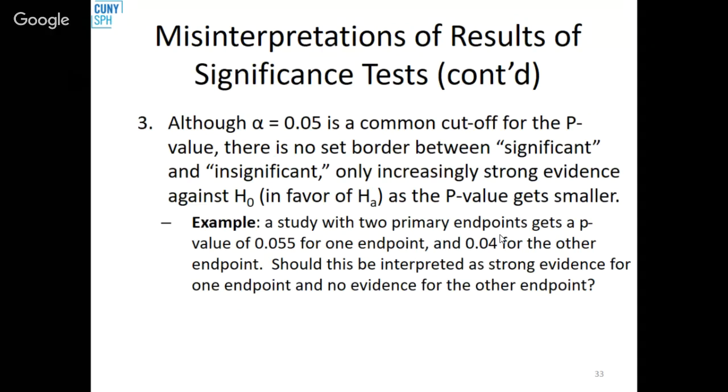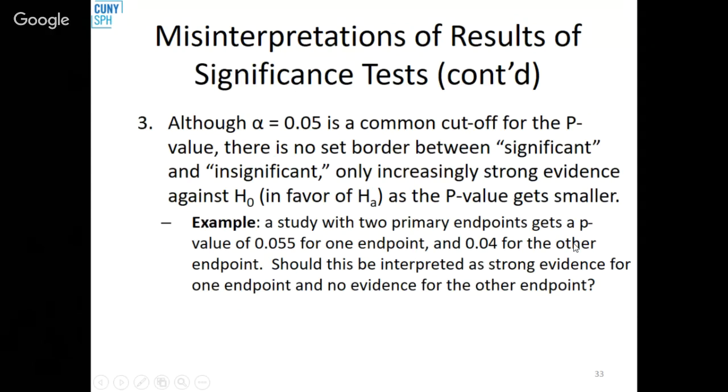So those are related endpoints, but not the same. If we found these two different p-values, does that mean that the intervention is effective for suppressing viral load, but not effective for maintaining CD4 count? No, it's not evidence of that.